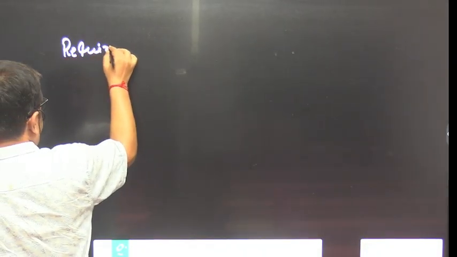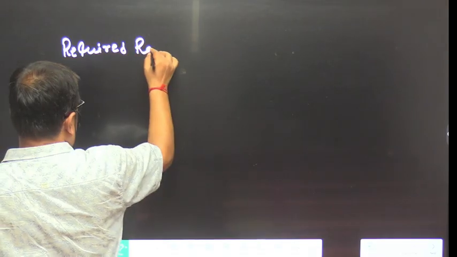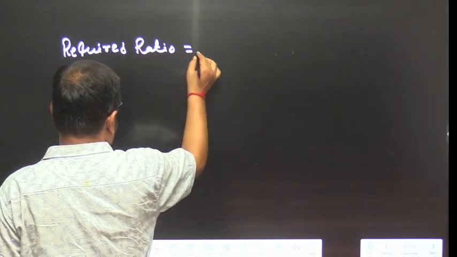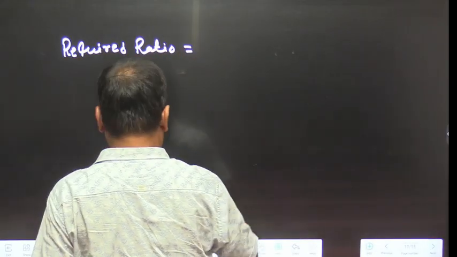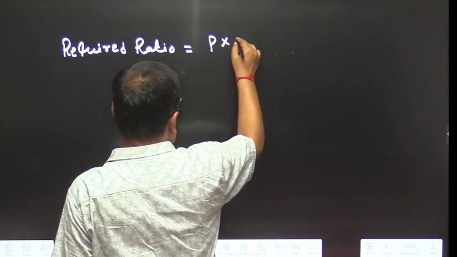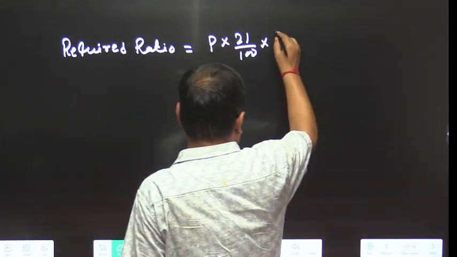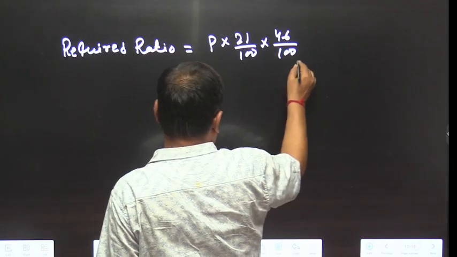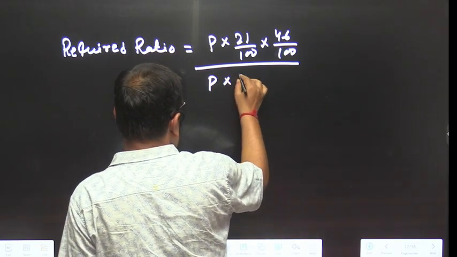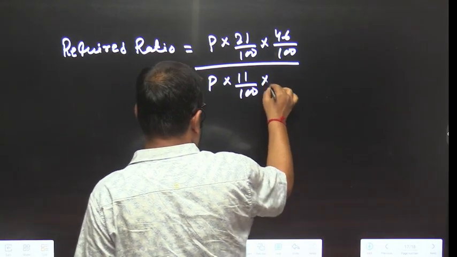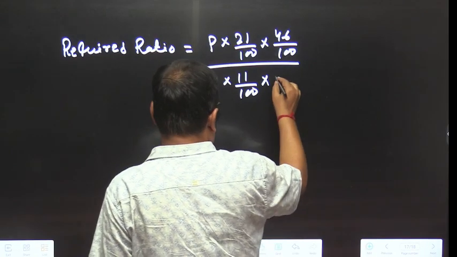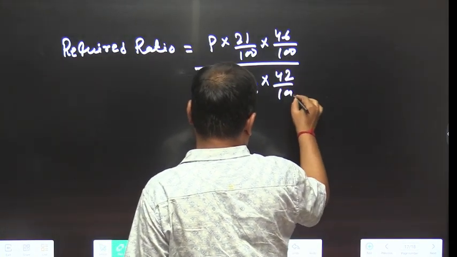Required ratio: P into 21 upon 100 into 46 upon 100 over P into 11 upon 100 into 42 upon 100.